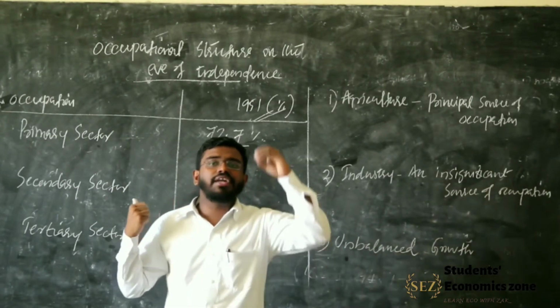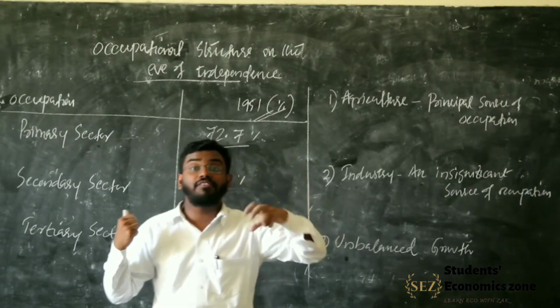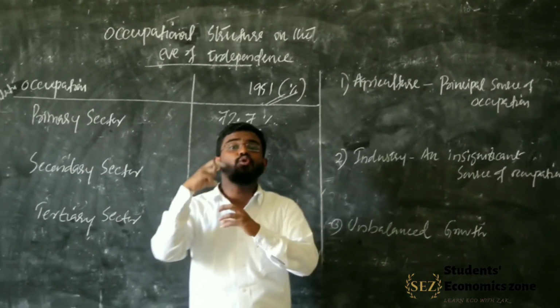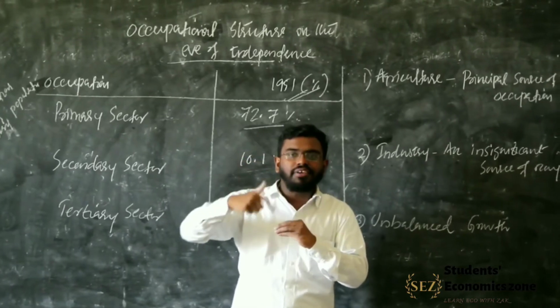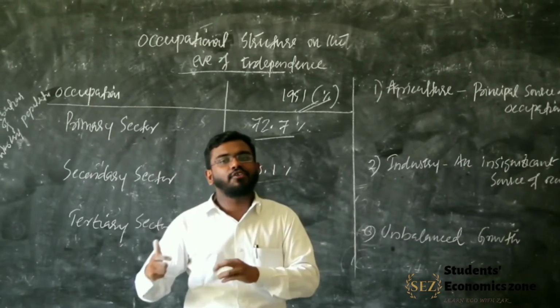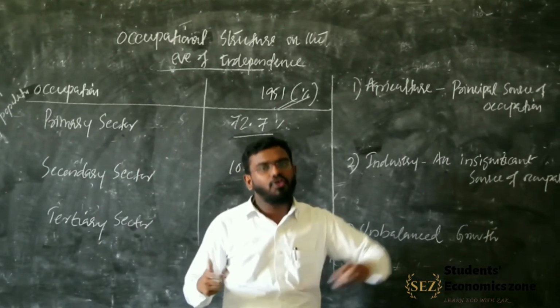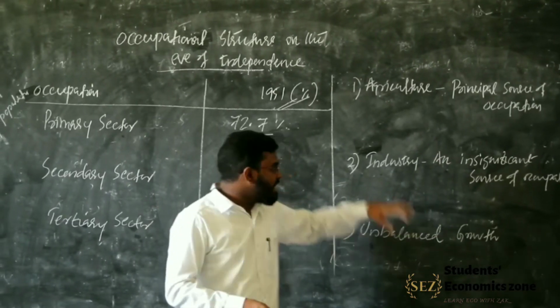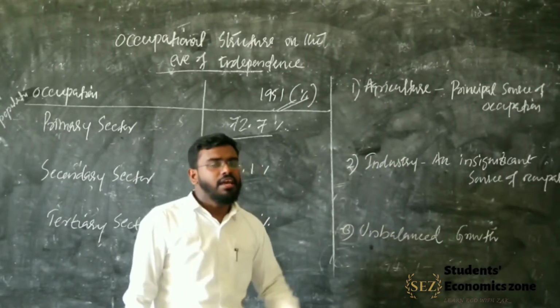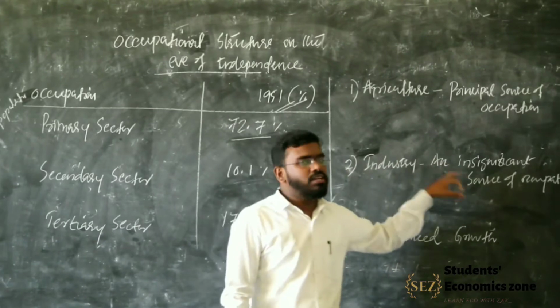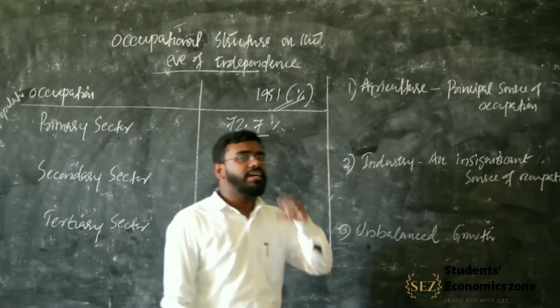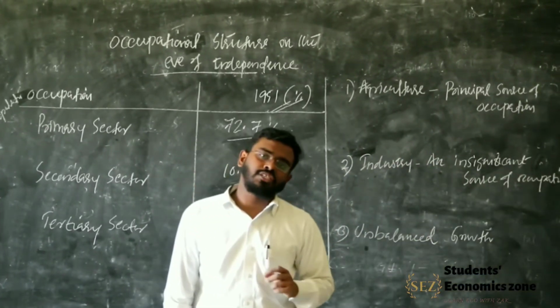That will be very low in a developed nation. So in order to make our country a developed nation, we have to work more. Next, the second observation: industry was an insignificant source of occupation.